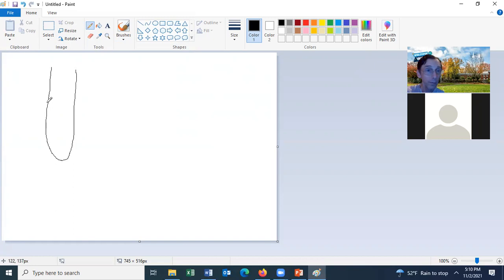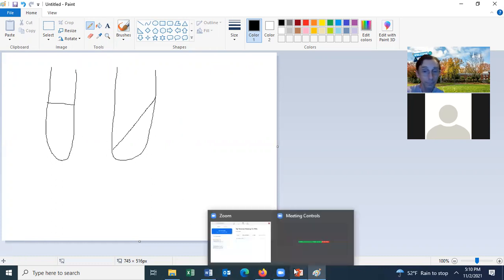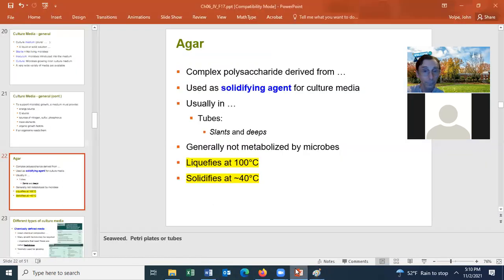A deep is one where the agar goes across, and a slant is where the agar is slanted. Any question about that? So this is a slant, that is a deep. Agar is not generally metabolized by microbes. You don't need to know the properties of agar.